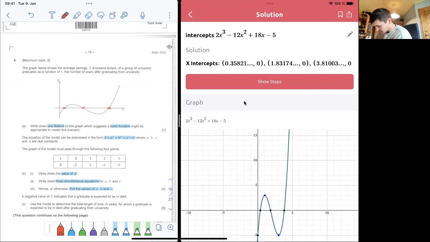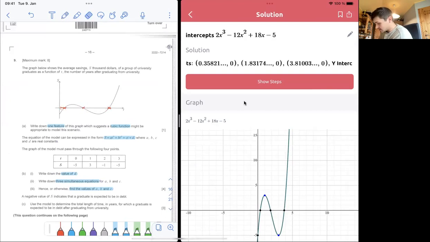Then the next one is 1.83174, which is that one. And then the last one is 3.81003, which is there. The time in which s is negative or below the x-axis is up to this first x-intercept and then between these two.